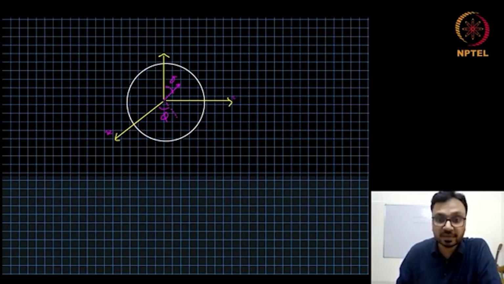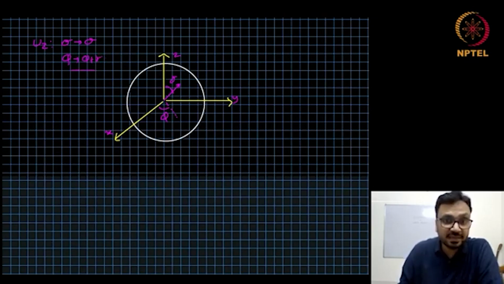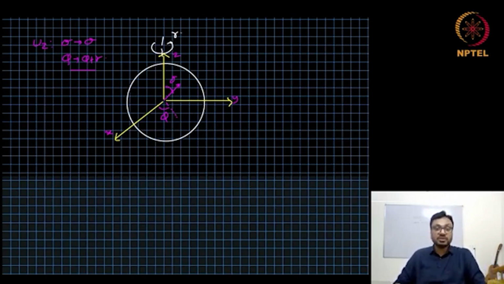So U_z rotation transformation, what it did is theta remained the same, but phi became phi plus gamma. It's not very difficult to see that it means we have rotation about z by an angle gamma. So U_z is actually a three-dimensional rotation about the axis z by an angle gamma, so that phi becomes phi plus gamma.